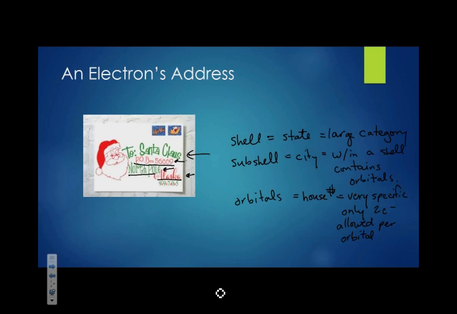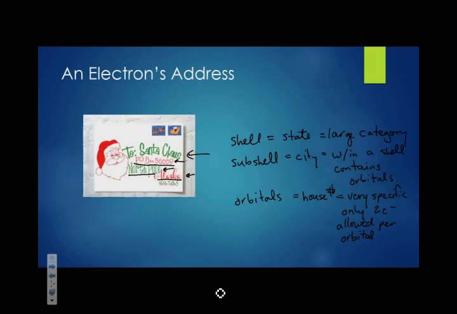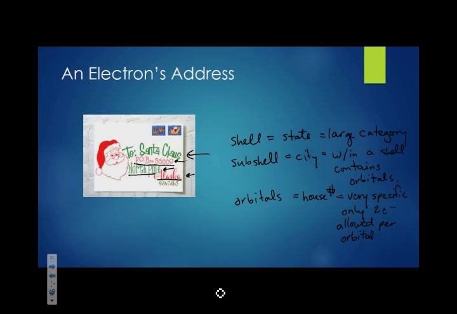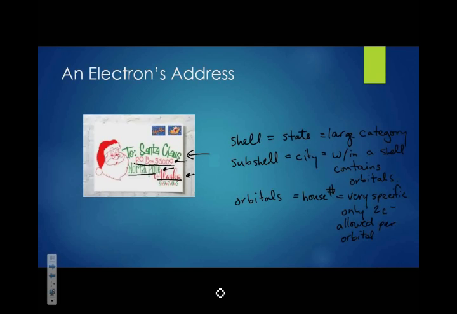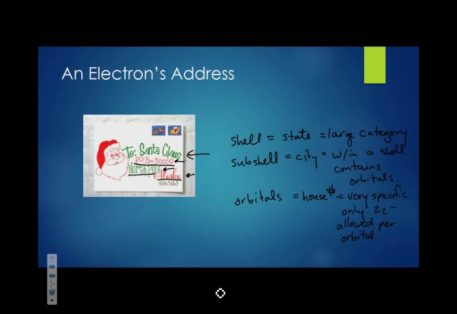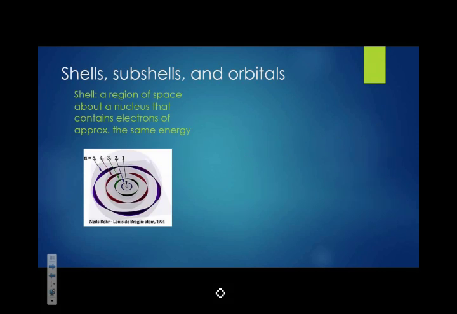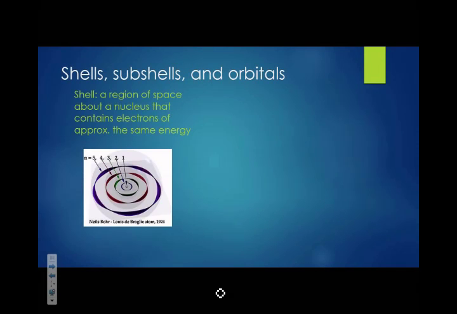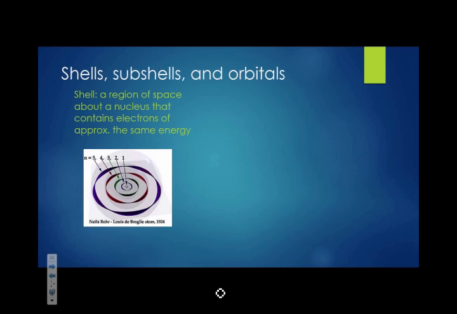So when we get down to talking about a specific orbital, we're talking about potentially just 2 electrons. So when we look at where an electron is, we need to know what shell it is in, what subshell it is in, and often what orbital it is also in. So let's talk more about what shell, subshell, and orbital look like and mean on the atom.